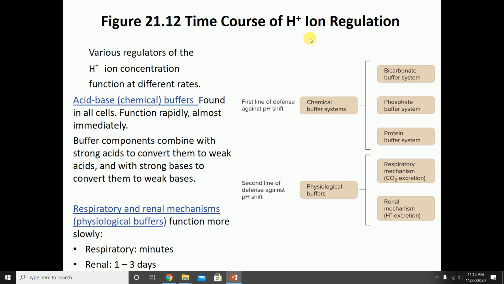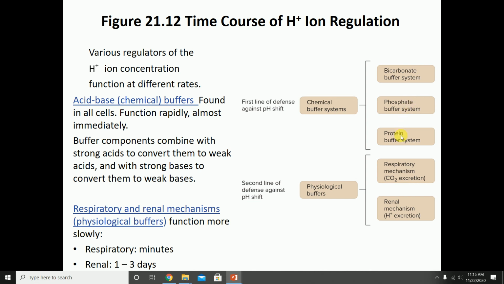Here you can see the time course of hydrogen ion regulation. The chemical buffer system, again, is your first line of defense against any shift in pH. There are several buffer systems in the cell: bicarbonate, phosphate, and protein buffer systems.